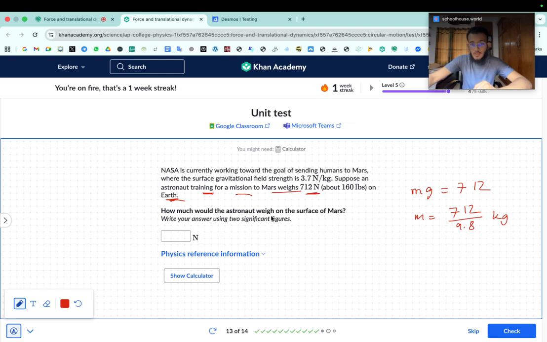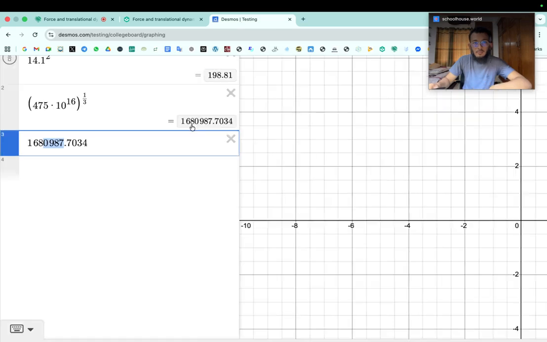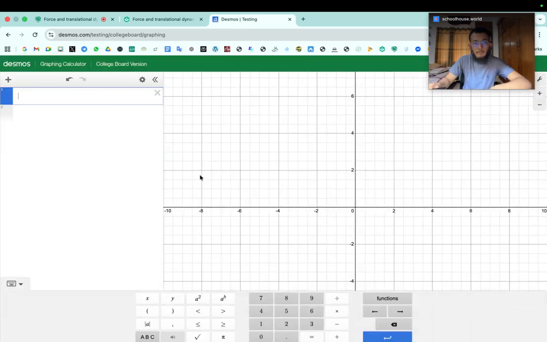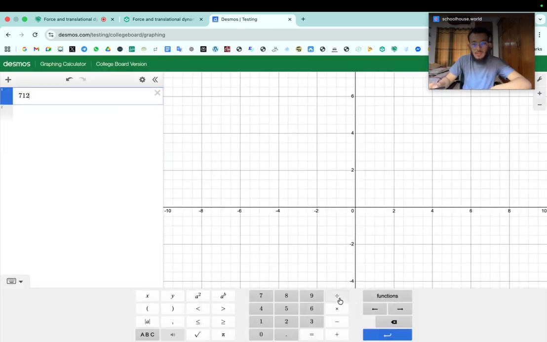How much would the astronaut weigh on the surface of Mars? So mg equals 712, so m equals 712 divided by 9.8 (9.8, not 98). This is his or her mass.